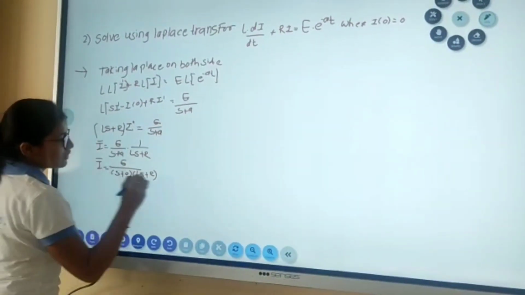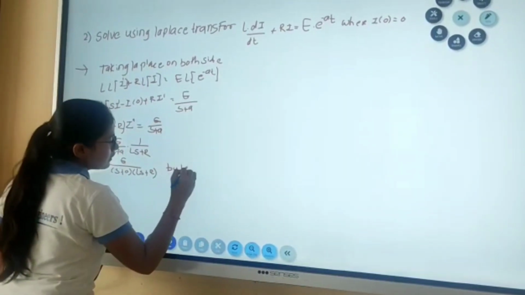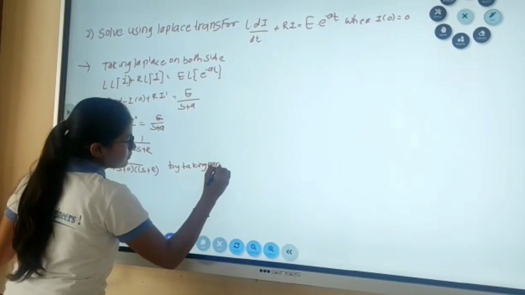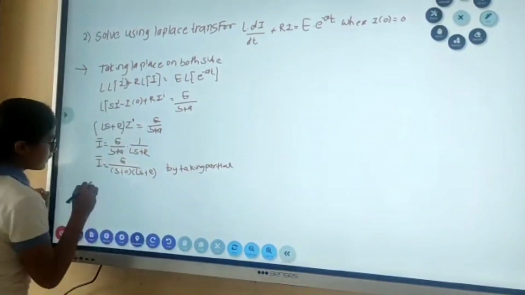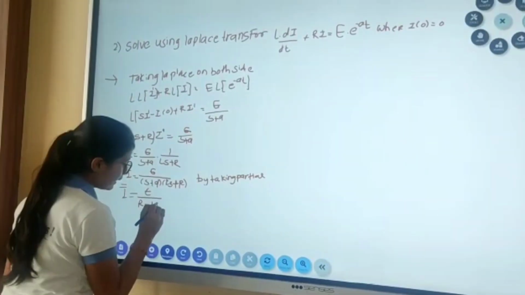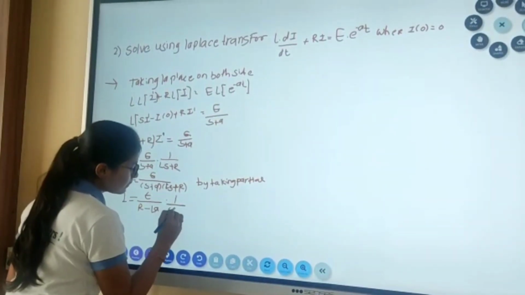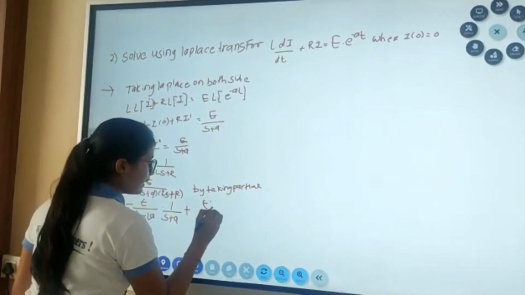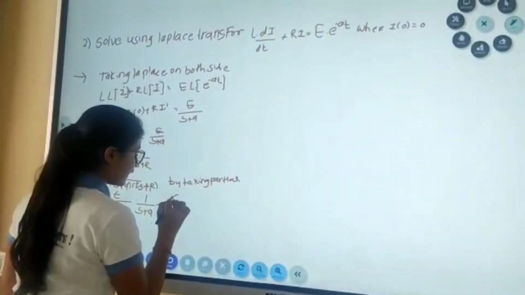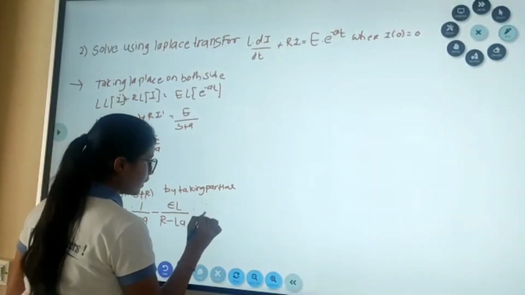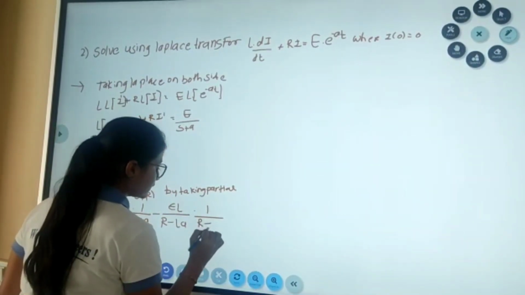By taking the partial fraction, the equation becomes I complement is equal to E upon (R minus La) into 1 upon s plus a minus EL upon (R minus La) into 1 upon R plus Ls.